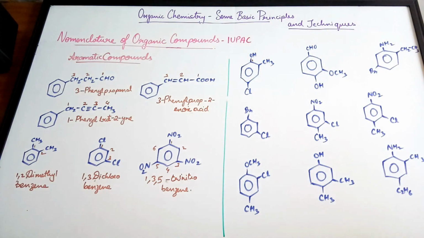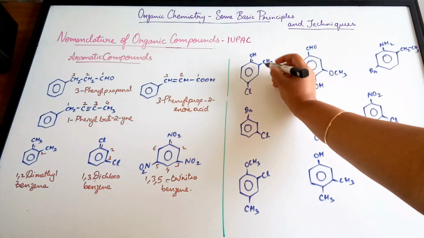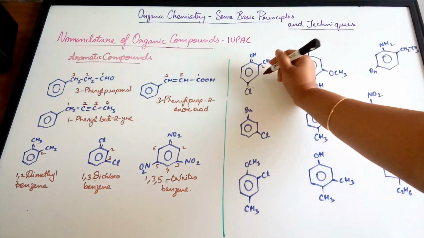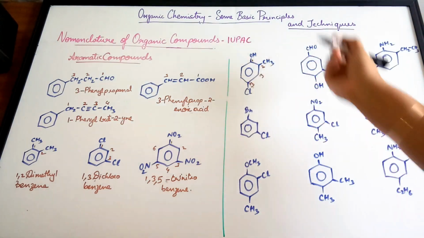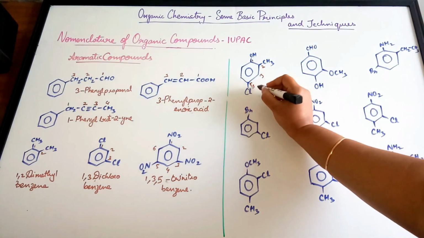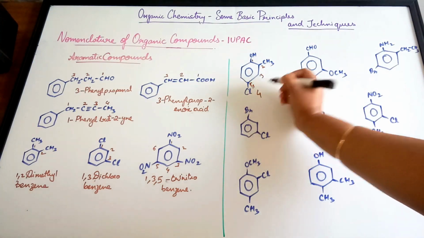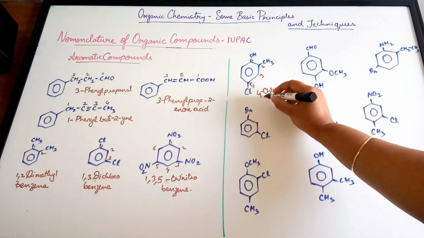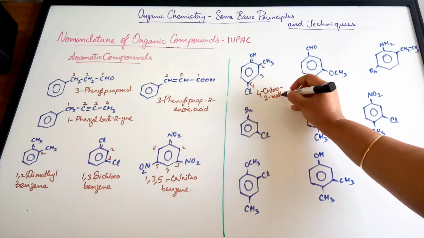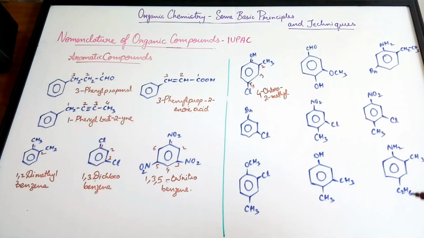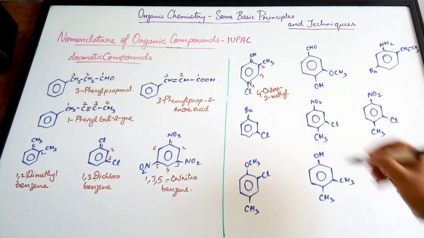Then you have to number it in such a way that the others get the least numbers. So the name of the compound would be 4-chloro, arranged alphabetically, chloro, 2-methyl, methyl.